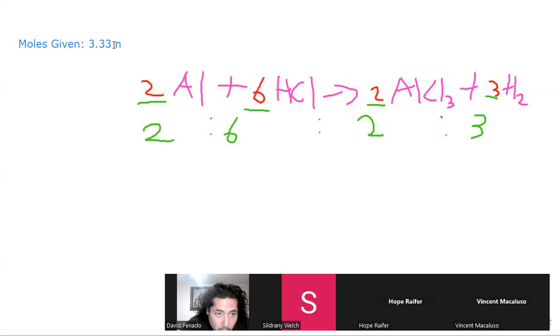We have Al. Let me write Al. So it says 3.33 moles of Al. So the element we're starting with is this. It wants to find grams of aluminum metal, so just the grams by itself. Oh no, it wants to find the aluminum chloride.